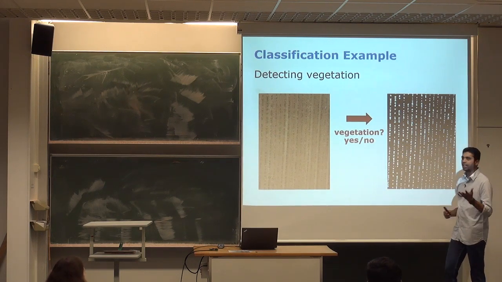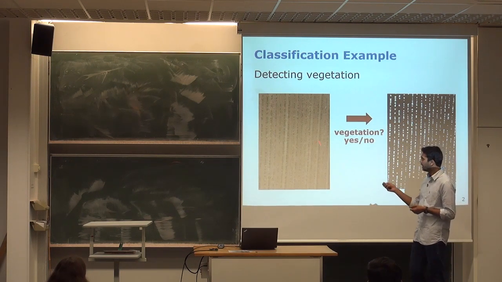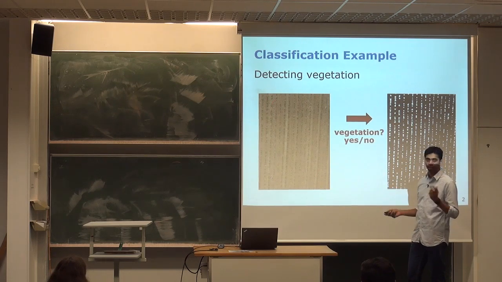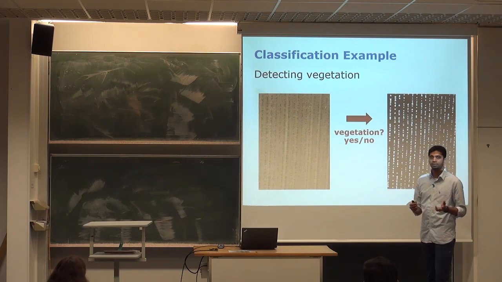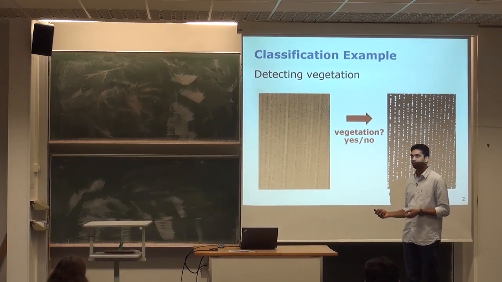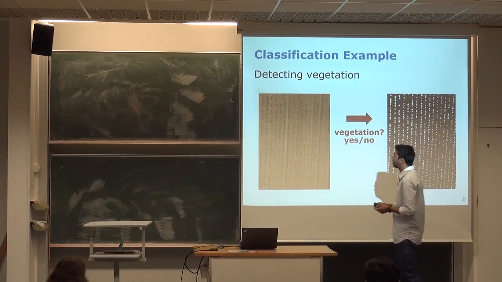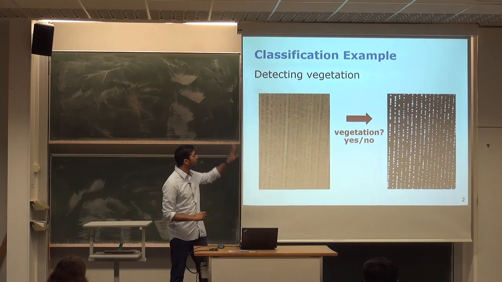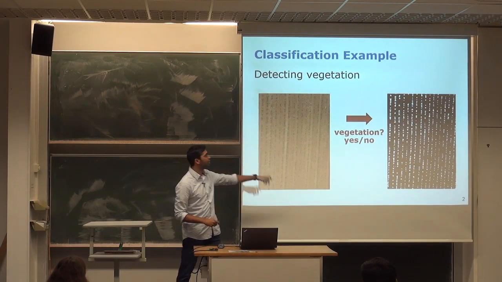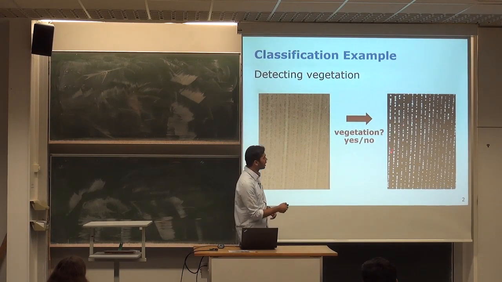Right? So essentially what we have done is taken the input data, which in this case is an image. We asked the question, which parts of this image are vegetation and which parts are background. And the classification system, we'll study how to build these classification systems, but once you have the classifier, it should give the answer which parts are vegetation and which are the background.